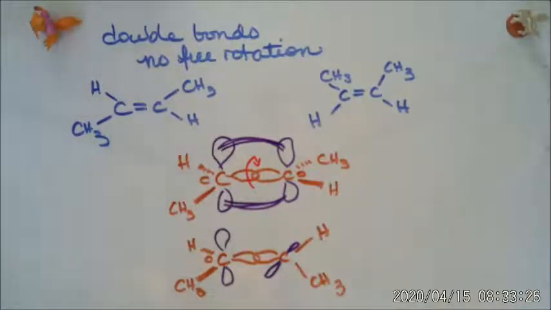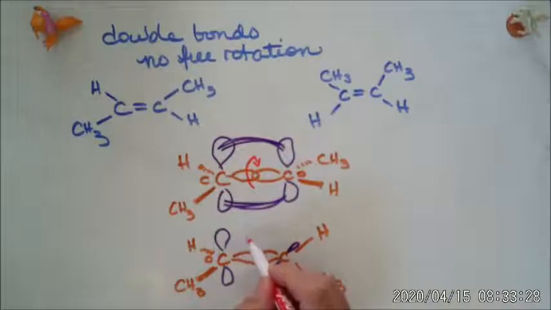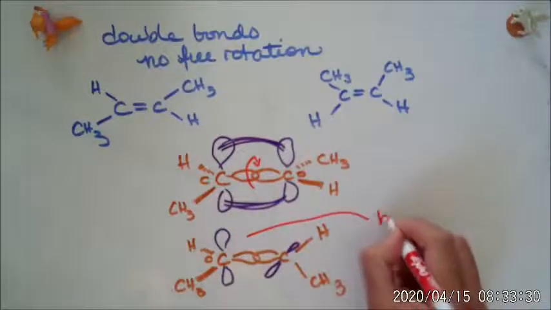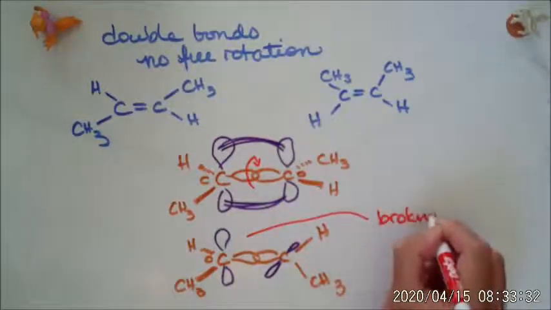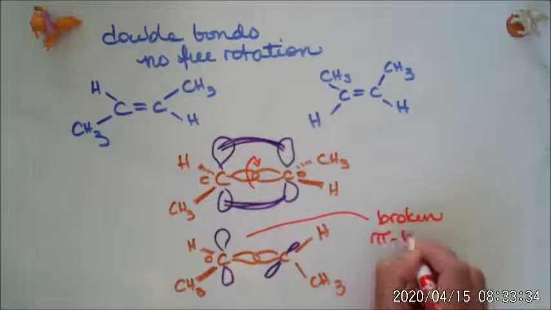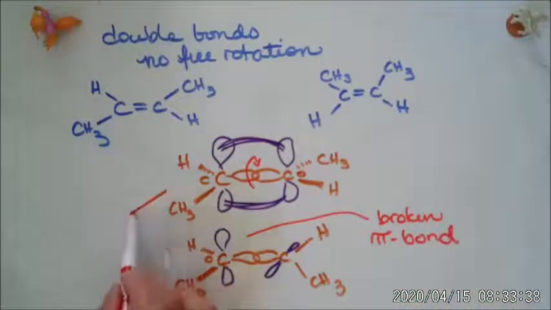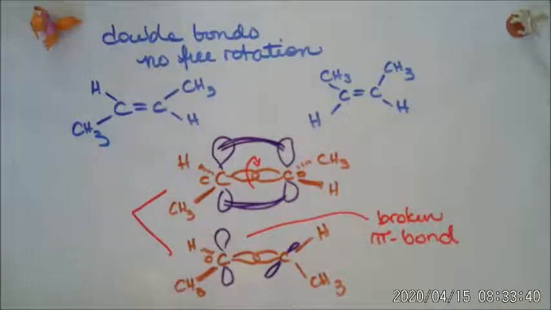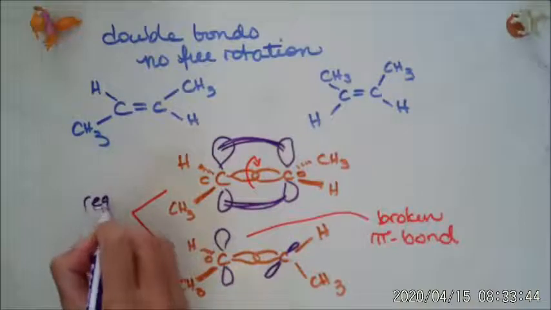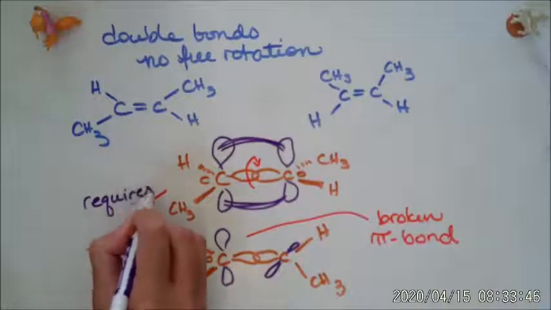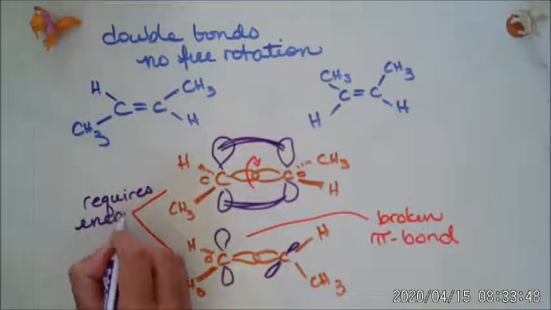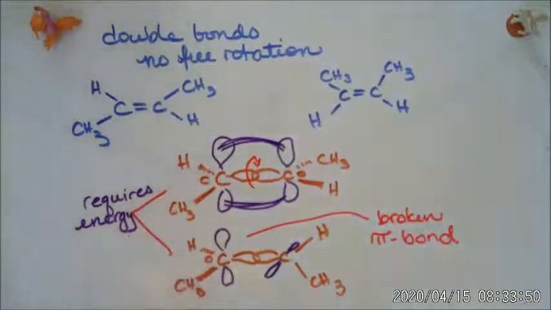So this is a broken pi bond. To rotate and break a pi bond requires energy, and quite a bit. So instead, what happens is we have two different compounds.